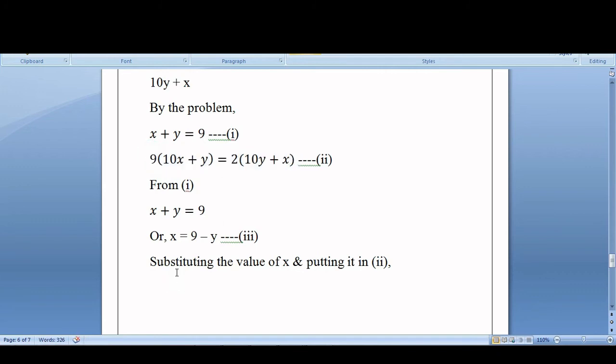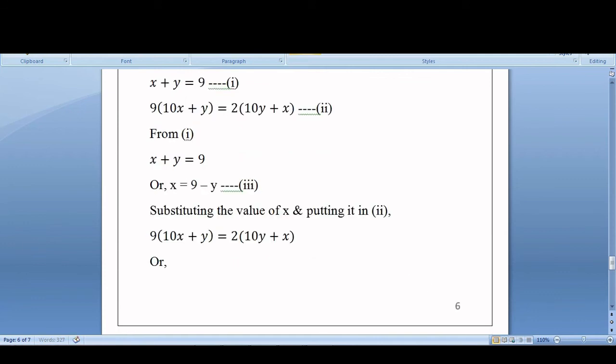But before substituting, let's simplify equation 2 first. It will be 90x plus 9y equals 20y plus 2x.